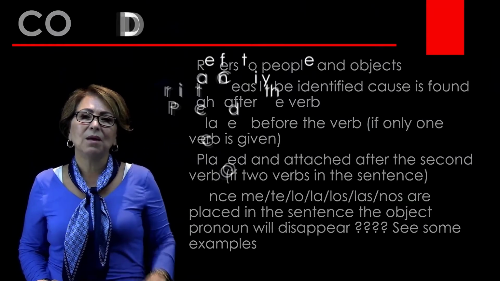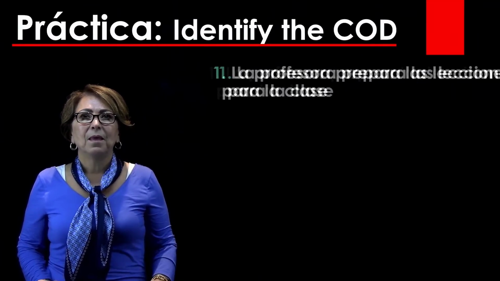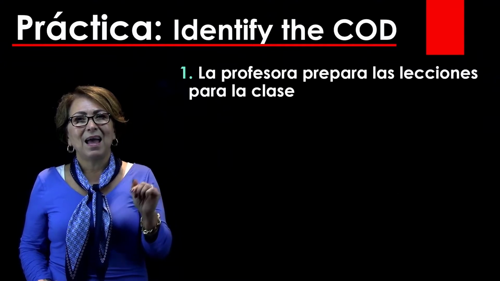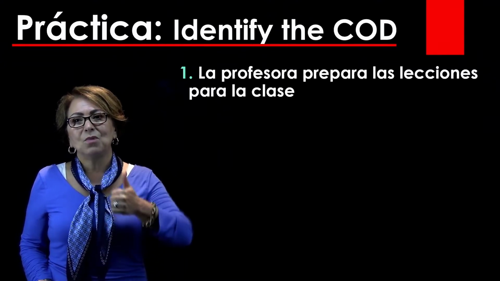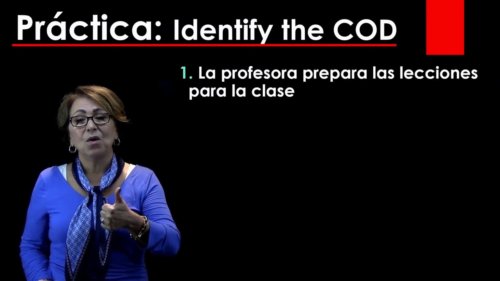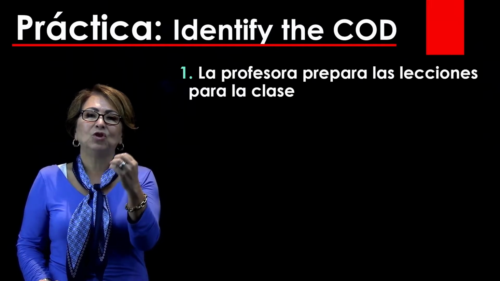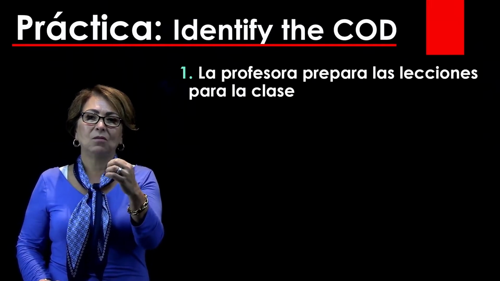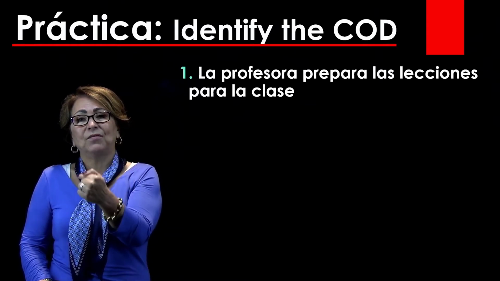So we're going to see some examples now, and we're going to try to identify them. Here on the first sentence, I have: la profesora prepara las lecciones. You must identify the verb, and then what comes after the verb is your direct object, because it comes right after the verb.